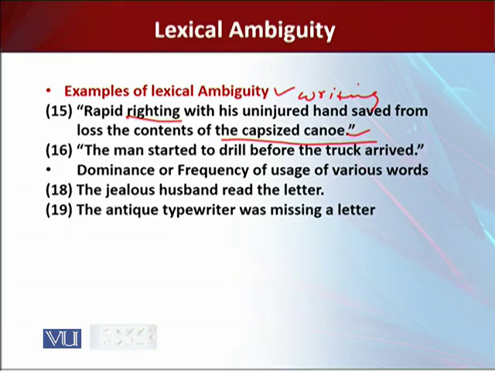Now, there's another example: the man started to drill before the truck arrived. The understanding behind this example is to take into account the response time.